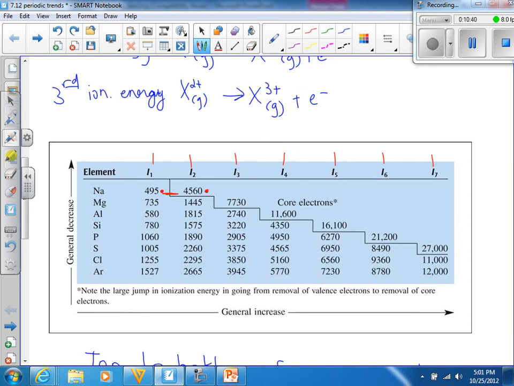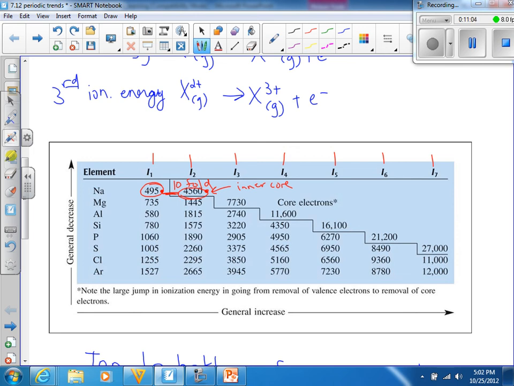See this tenfold? There's a tenfold difference here. Sodium has one outer electron, so here we're taking off the one outer electron. And then the second ionization for sodium, we're taking off an inner core electron. Huge amount of energy taken to remove an inner core electron.